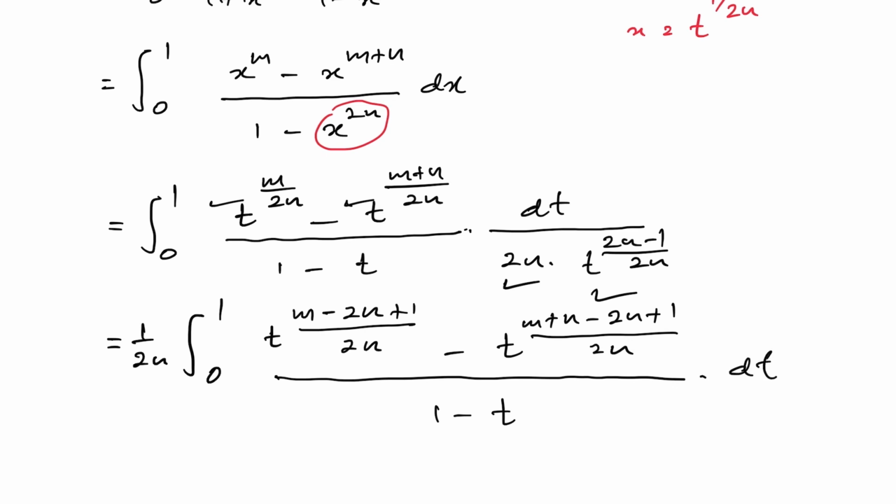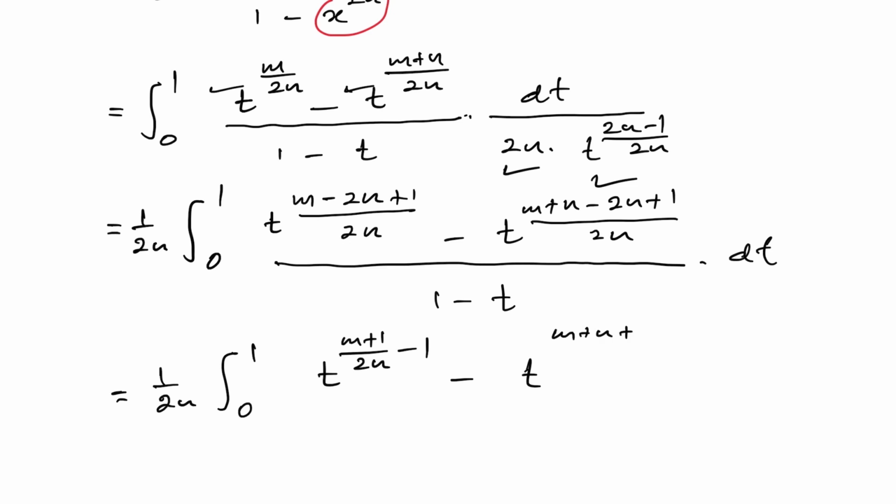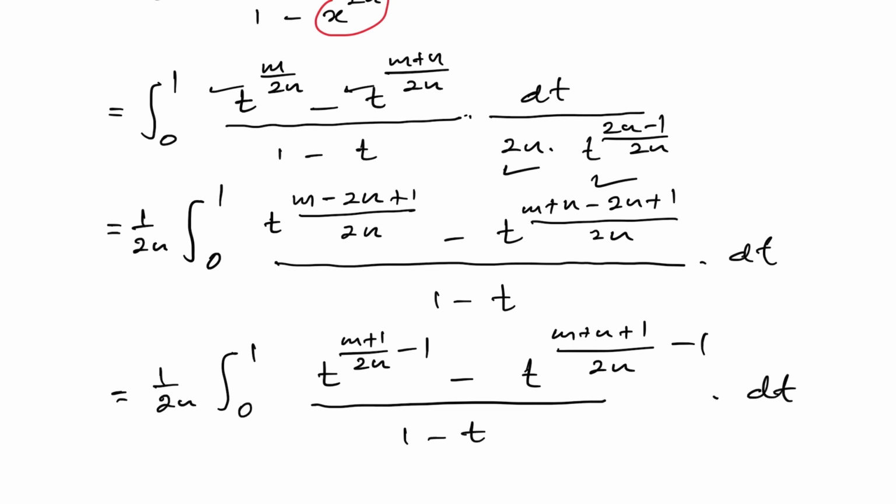Then I rearrange the powers: 1 over 2n times the integral from 0 to 1 of t to the m plus 1 over 2n minus 1 minus t to the m plus n plus 1 over 2n minus 1, over 1 minus t, dt.